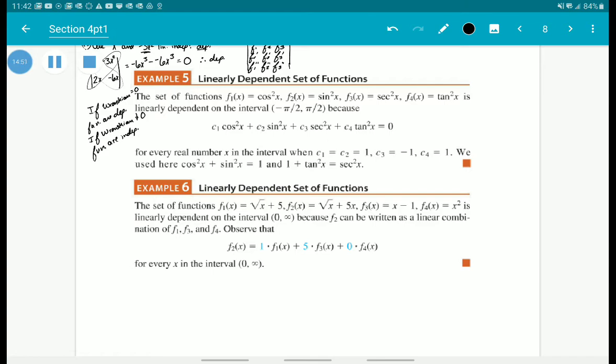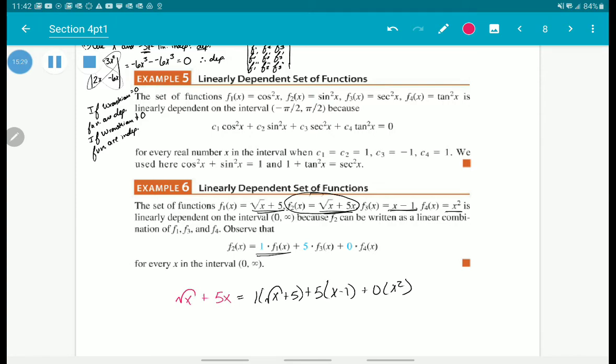The same thing is going to be true in example 6. They're giving us 4 functions here. And we could write the second one as a linear combination of the other ones. If we were to take 1 times that first function, which is square root of x, plus 5 times that third function, and then 0 times the fourth function, you can see how that's going to give us that f2 function, square root of x plus 5x.